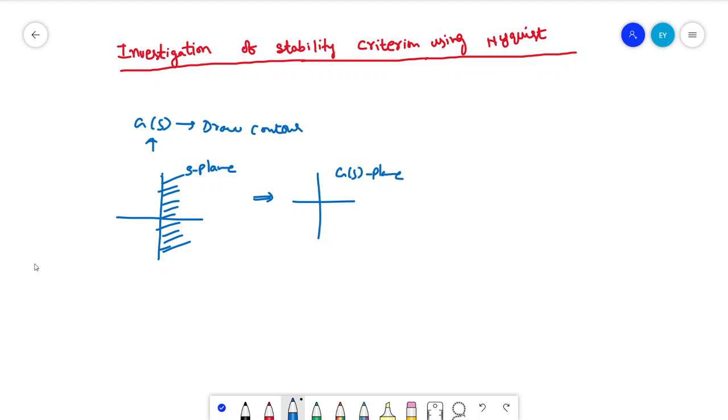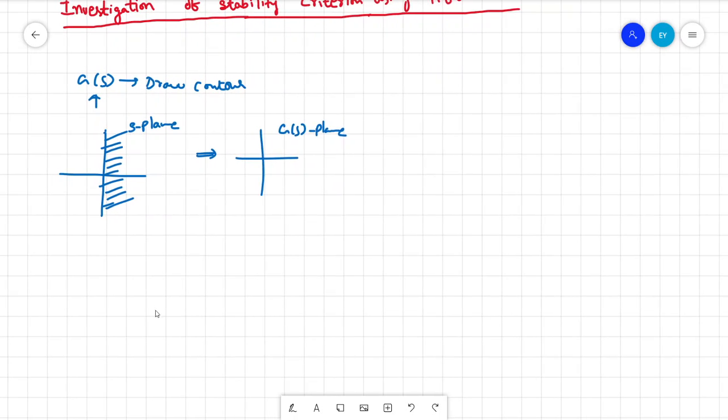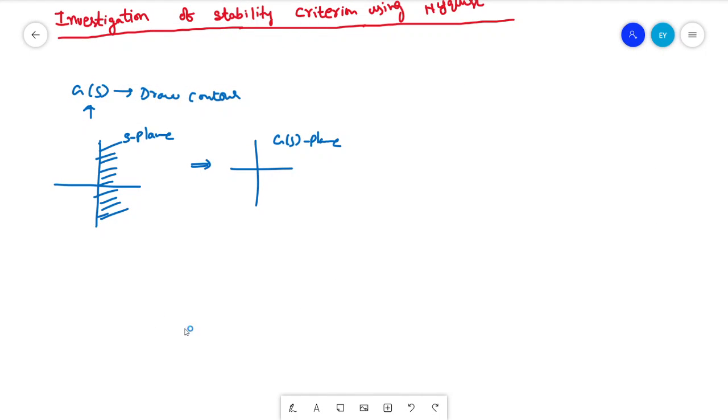So this mapping we have discussed in the previous class. Now what I want to let you know is how the contour behaves if you have a pole at origin, poles on the imaginary axis, and if there are no poles in the given transfer function.